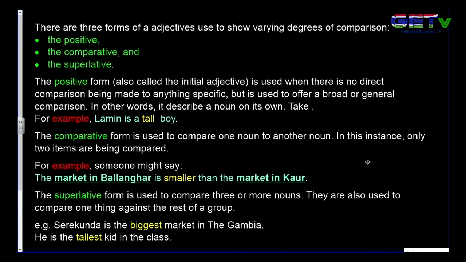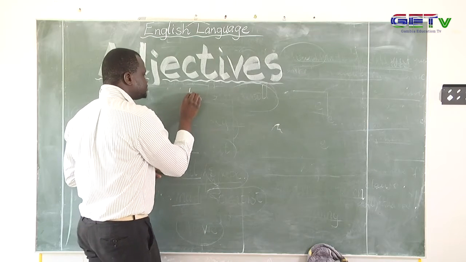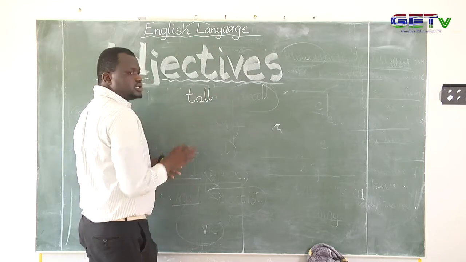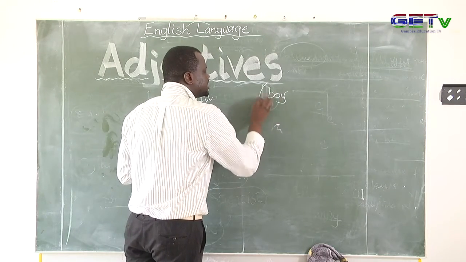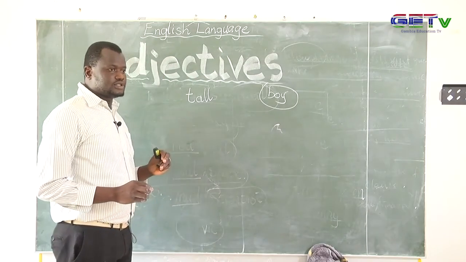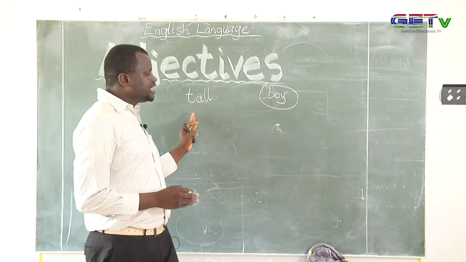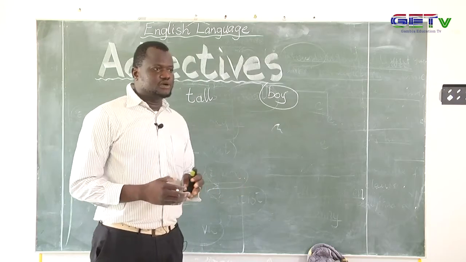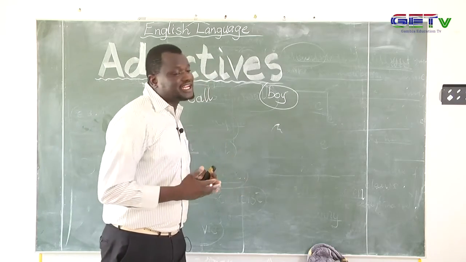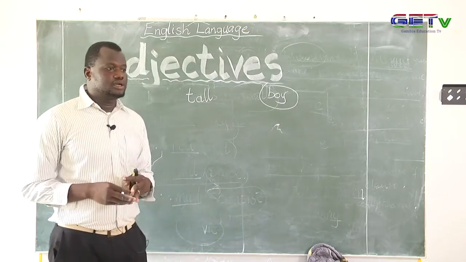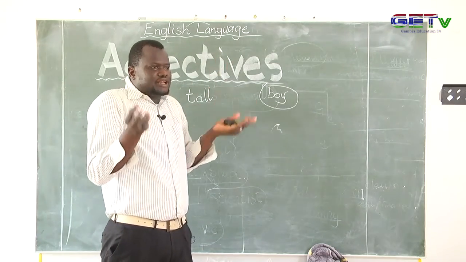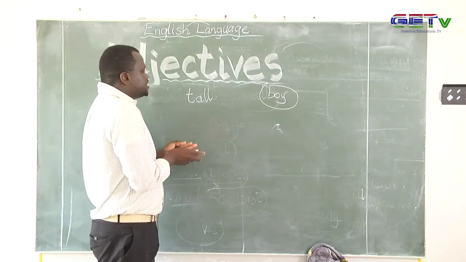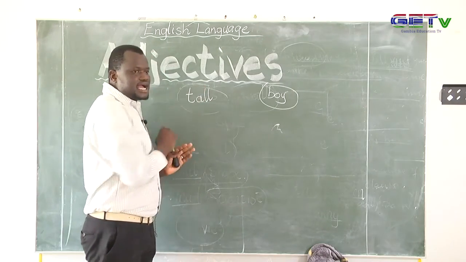Here, tall is describing the boy. We are not comparing Lermin with another person. Instead, we are just giving a general comparison of Lermin's height.